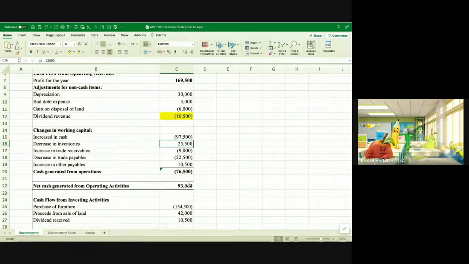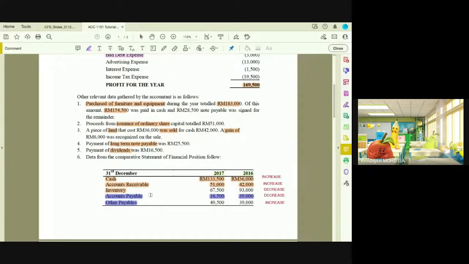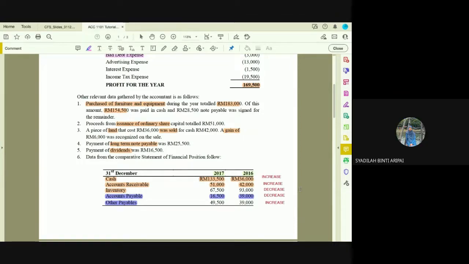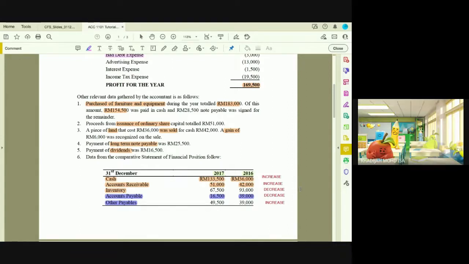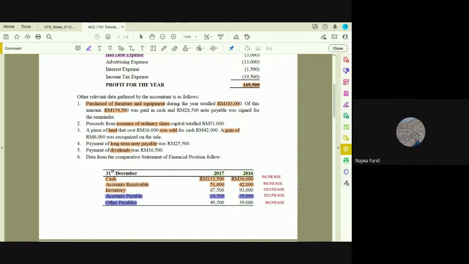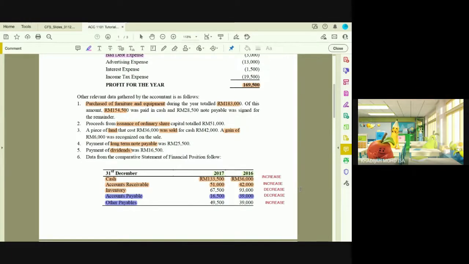Okay, and then what's next? Accounts payable, there's a decrease. How much is the decrease? 39,000 minus 16.5. You have a decrease of 22.5. Plus or minus? Accounts payable is a liability. When there's a decrease, plus or minus? Minus. Dia terbalik. I pun tak ingat ni. Sekejap.